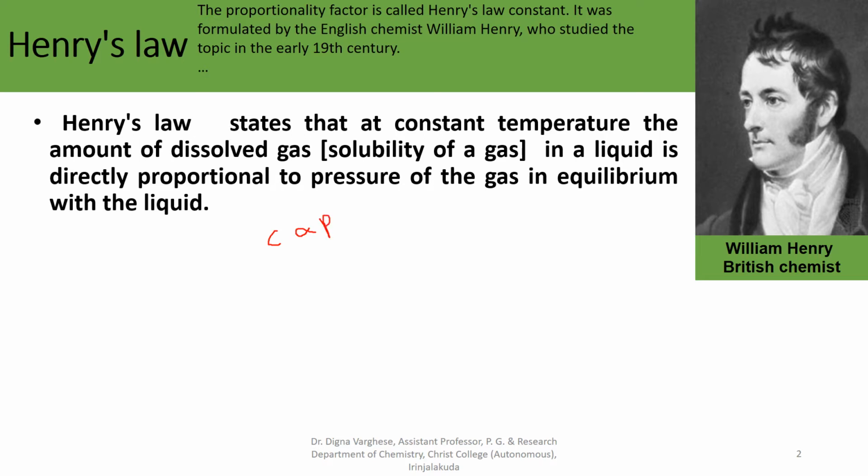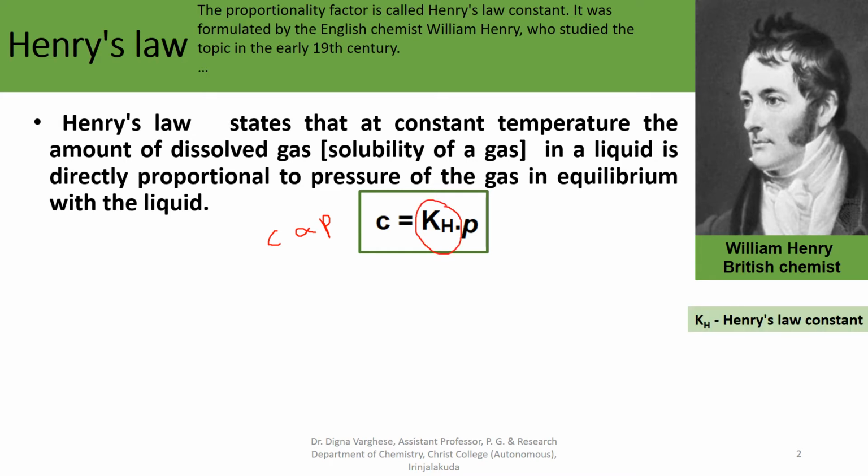So we can say that C is equal to Kh into P, where Kh is the proportionality factor, known as Henry's law constant. It was formulated by the great English chemist William Henry, who studied the topic in the early 19th century.